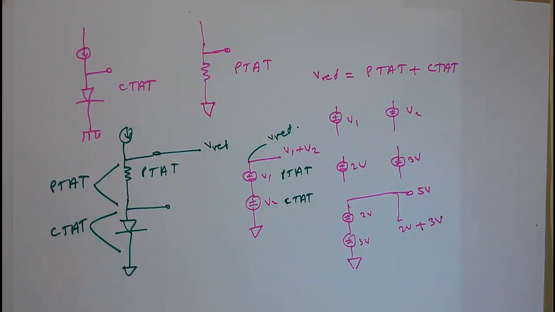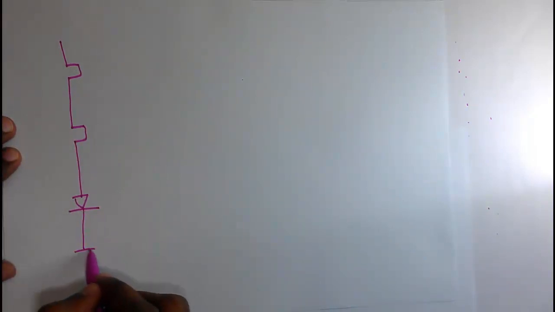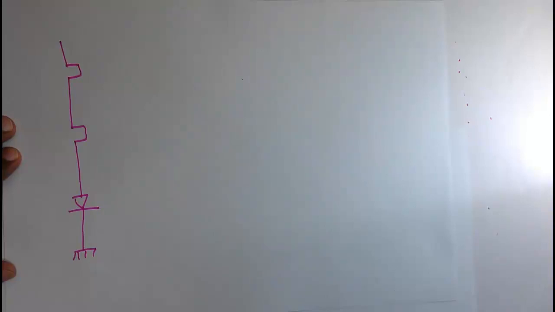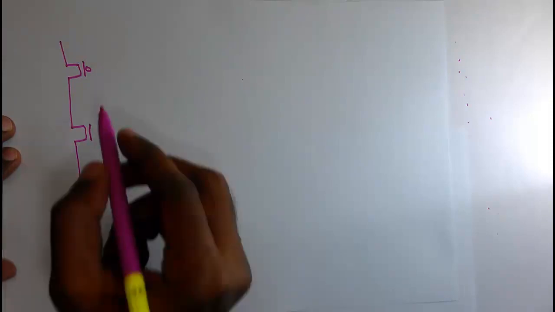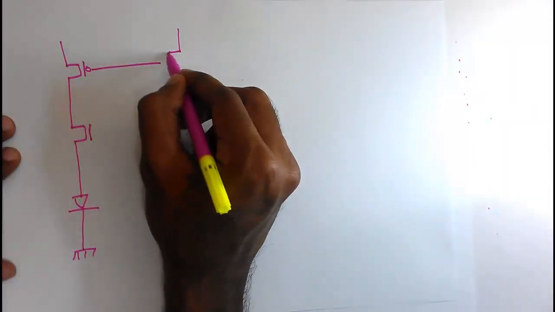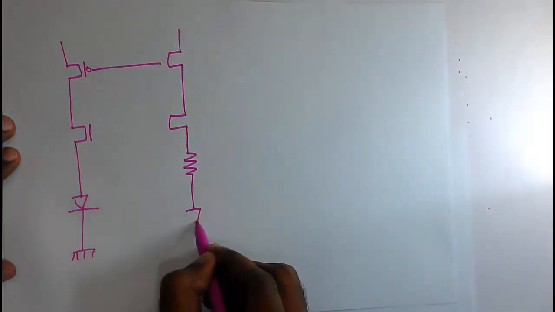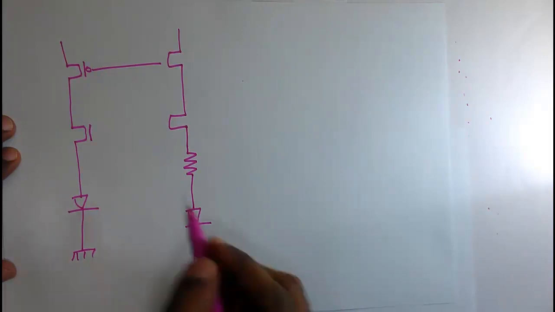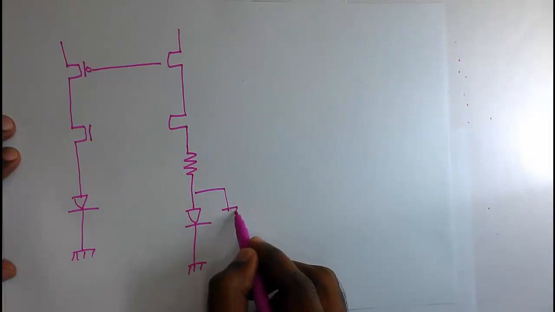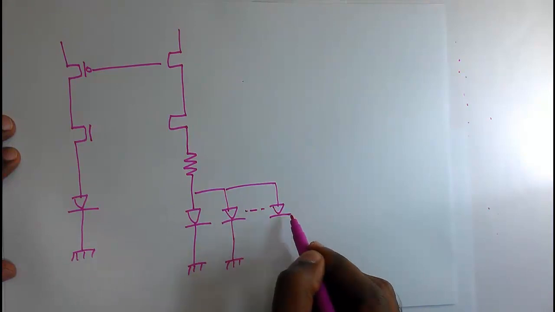Let us draw the complete circuit diagram. We have N diodes here.